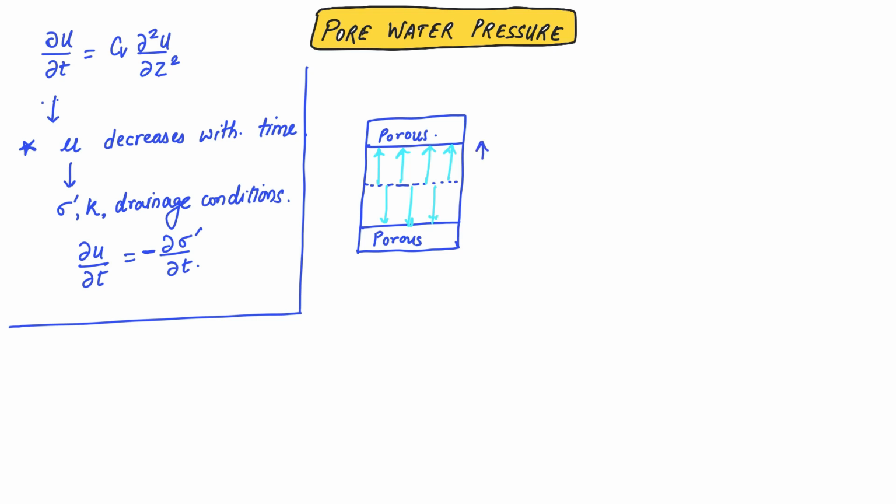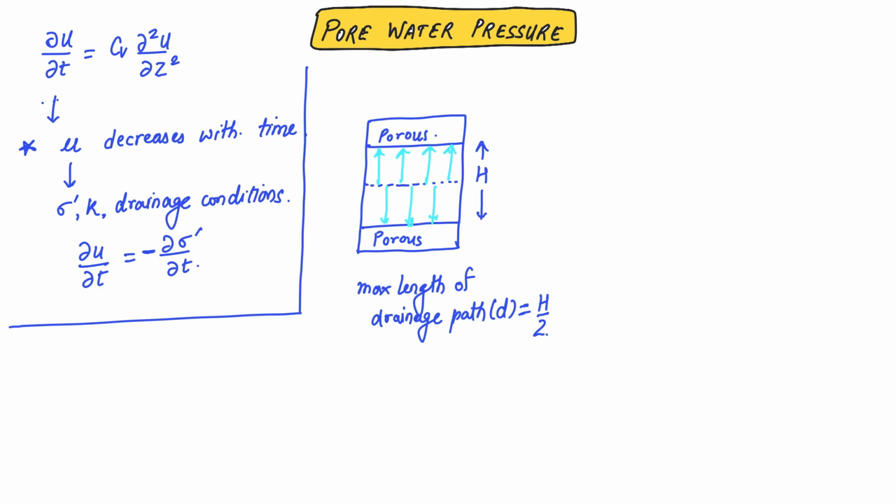And if at any time the thickness of this particular soil sample is a capital H, what I can see here, that the maximum length of drainage path in this particular condition, which is denoted by small d, is equals to H by 2, either in the upward direction, or H by 2 is the distance that is traveled by water in the downward direction.